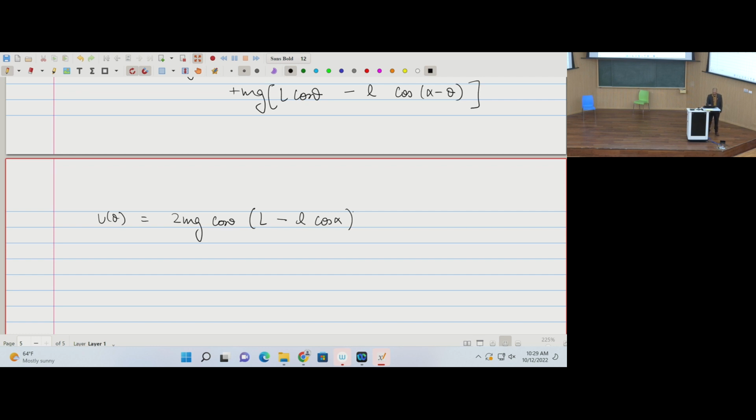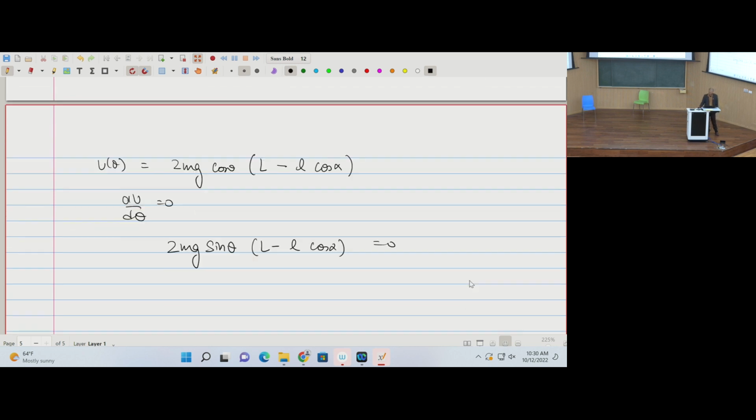So to check for equilibrium, we check when dU by d theta is 0. So for this we see this becomes twice mg sin theta times capital L minus small l cos alpha, that's equal to 0.